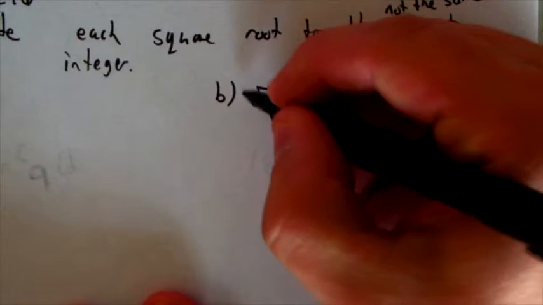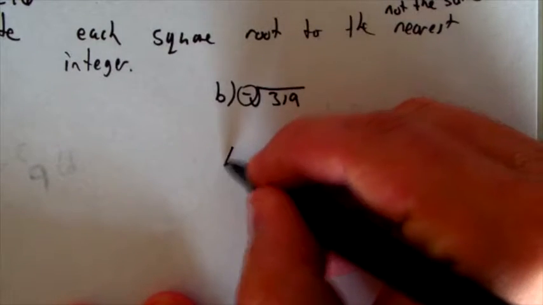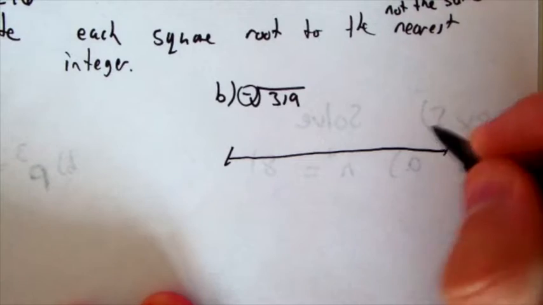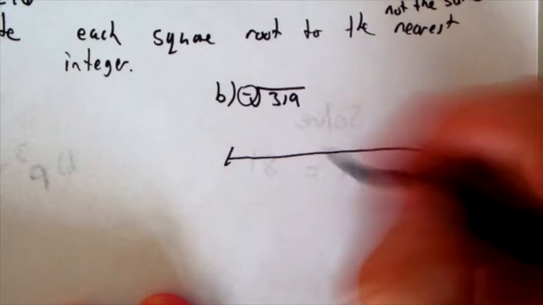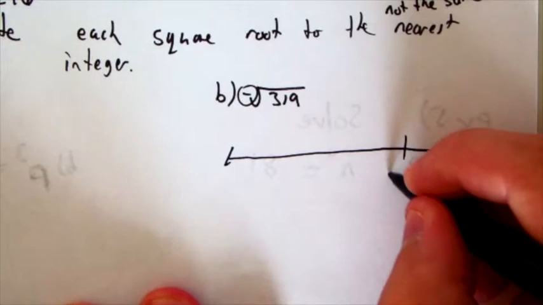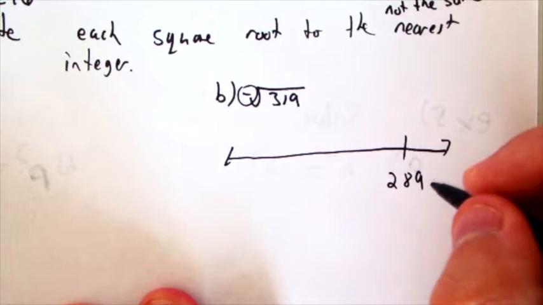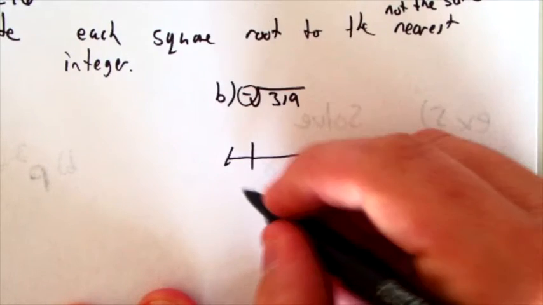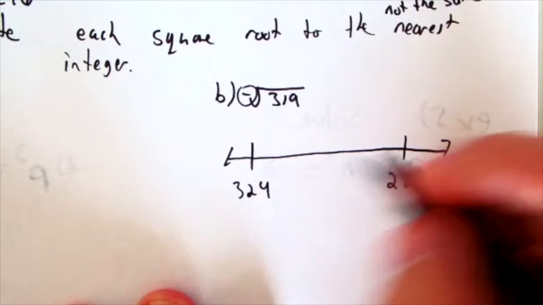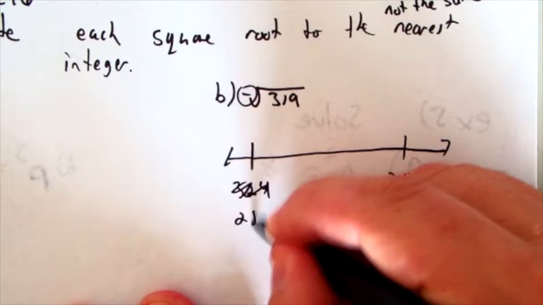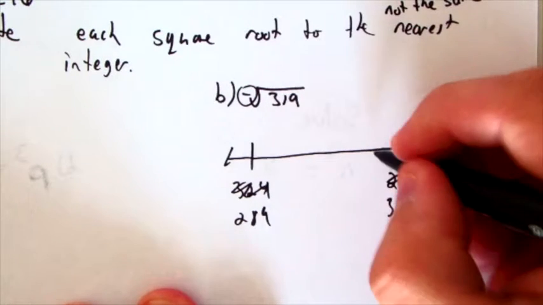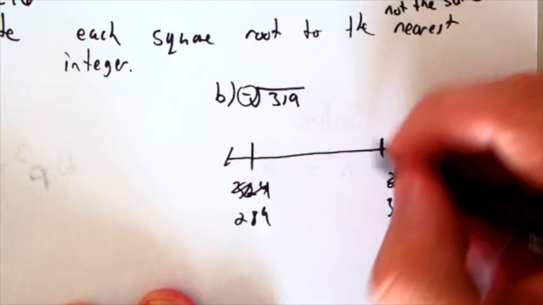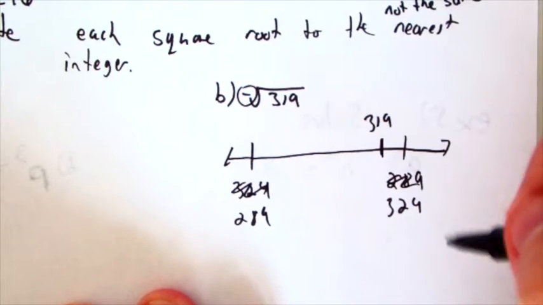All right, and then letter B here. We're looking for the negative root. Again, we're going to be looking at numbers between which 319 fits. So we have 17 squared, which is 289, and we have 18 squared, which is 324. So 319 is significantly closer to 324 than it is to 289.